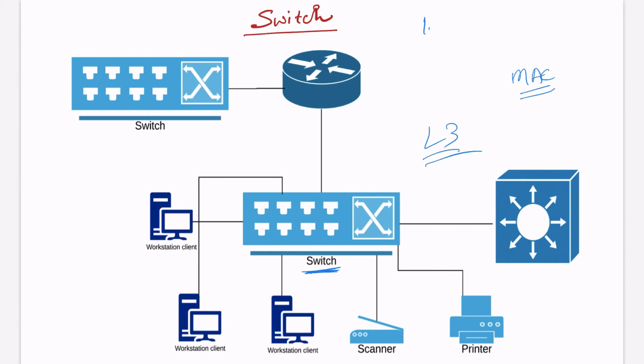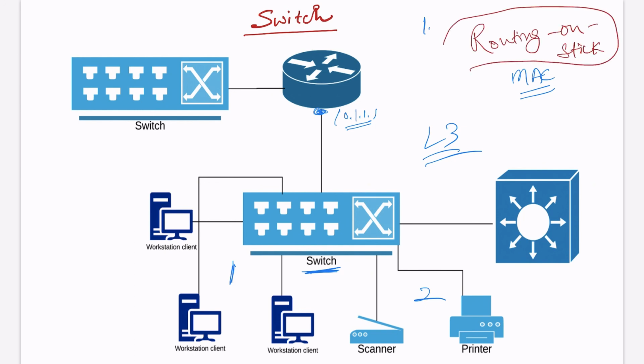A router can also be used in this kind of scenario, meaning you had two VLANs, VLAN 1 here, VLAN 2 here. But here we had configured the IP address on this particular interface. But there is a concept named router on a stick. Router on a stick can help you do inter-VLAN routing if there is no layer 3 switch. What you can do is form a trunk here and create sub interfaces.